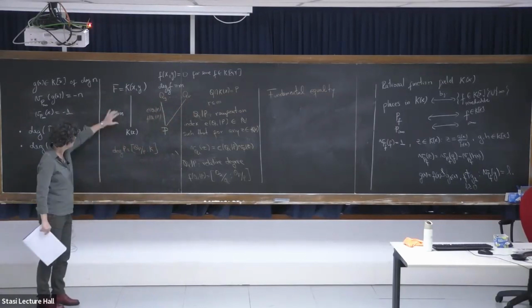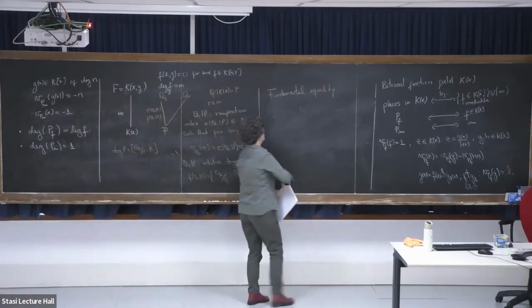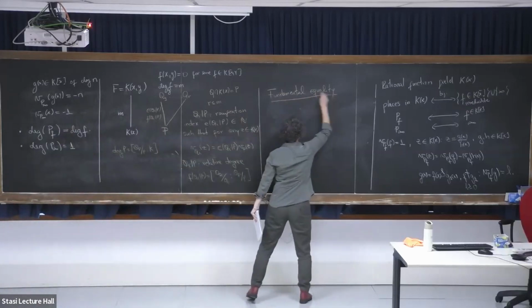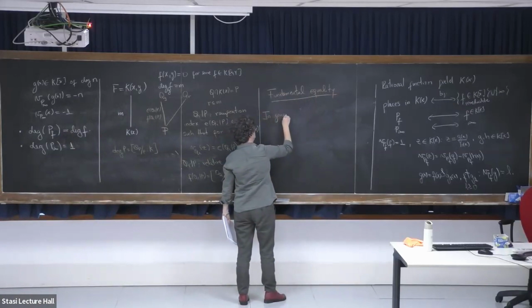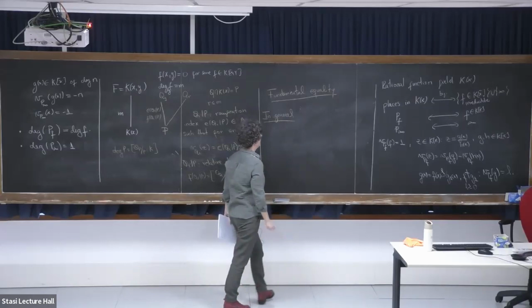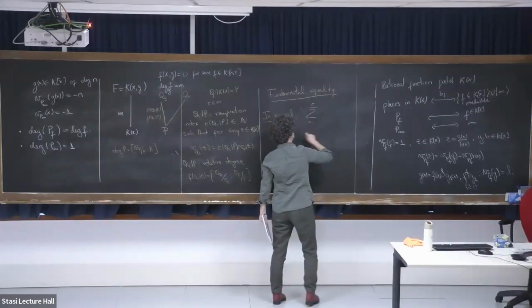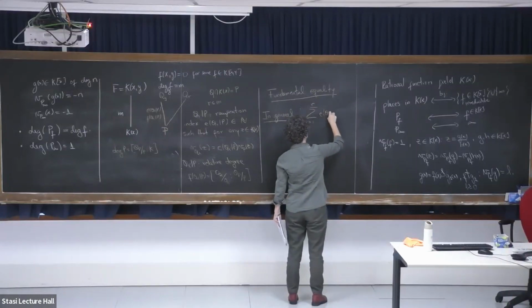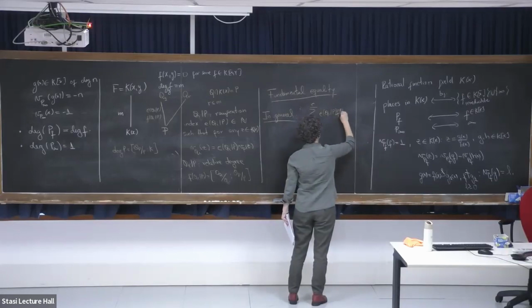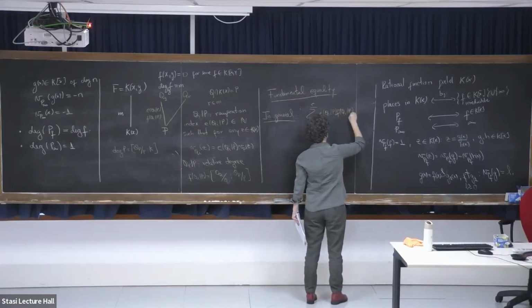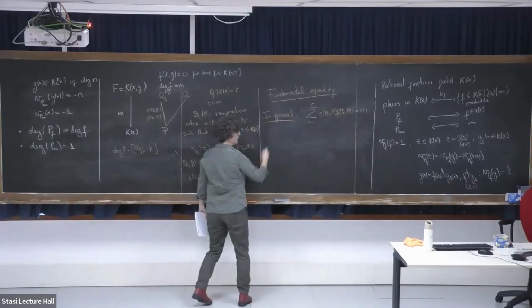They are related with the degree of your function field extension. This is a theorem. So in general, the sum for i equal 1 to R of these products is just the degree of your extension. So this is in general.